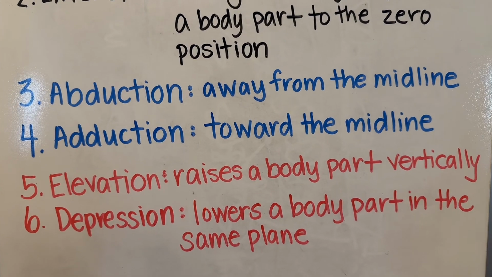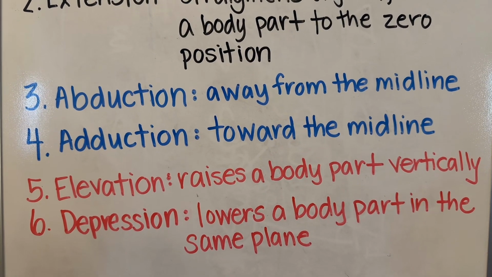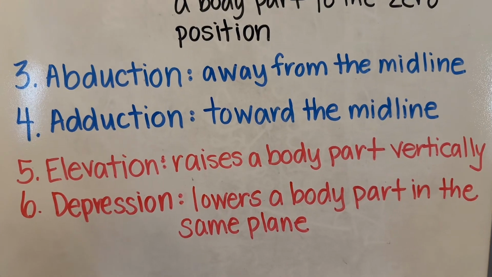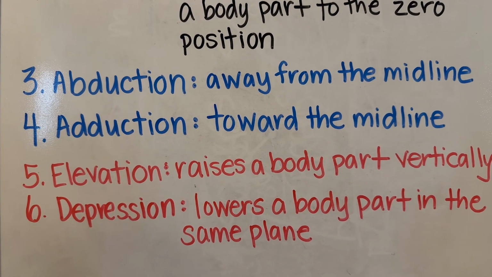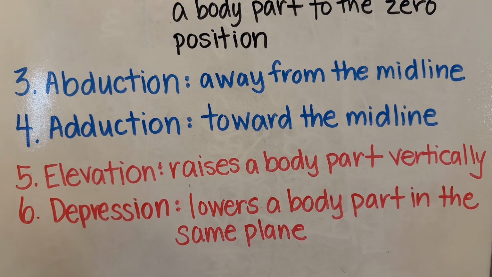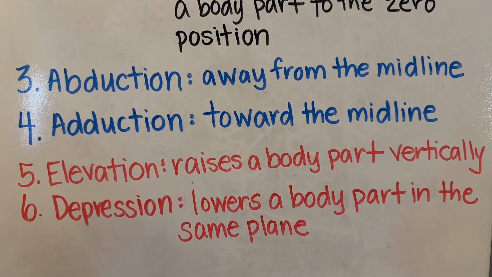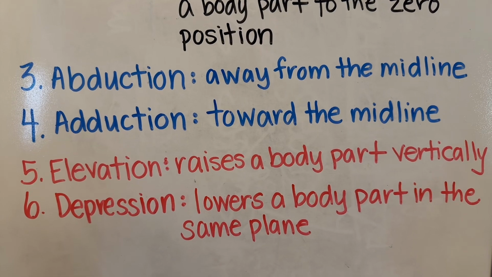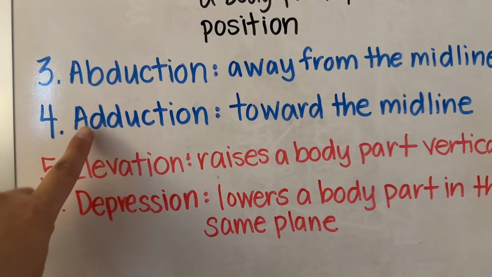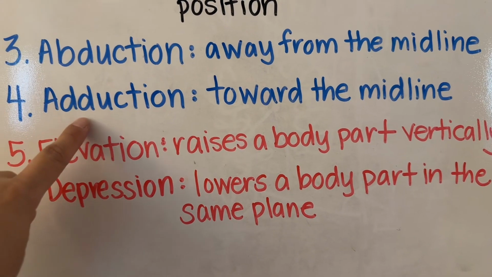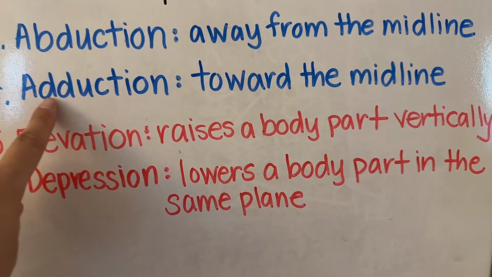Next up we have abduction and adduction, number 3 and 4. Abduction is away from the midline, adduction toward the midline. I remember adduction with ADD, add, meaning you're adding something, and add toward.